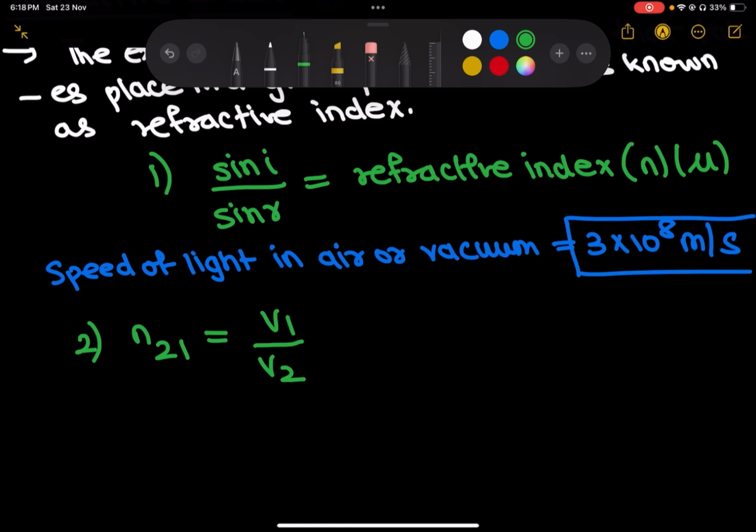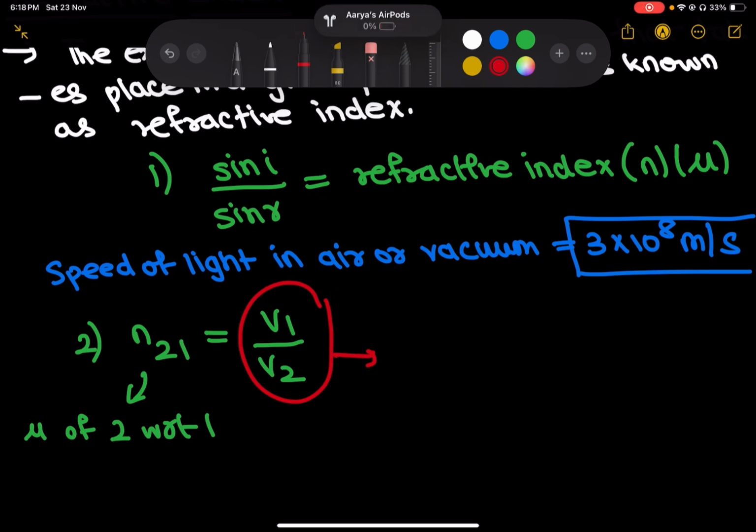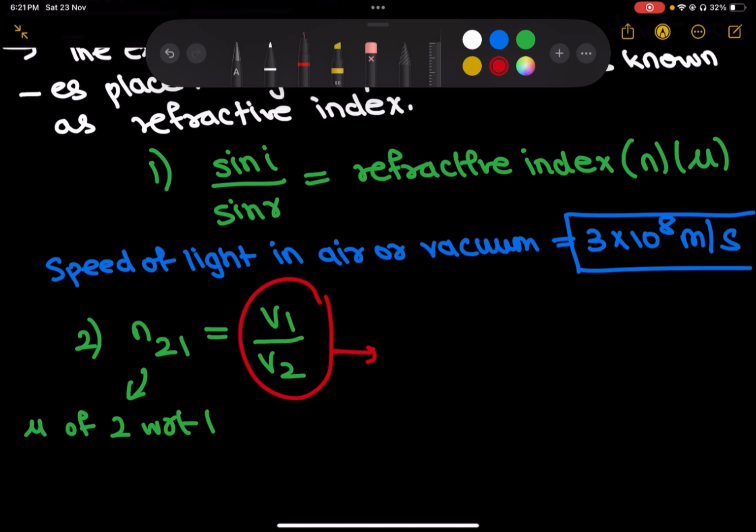How to remember this, right? It is very confusing. Understand this. Here, this is refractive index nu of 2 with respect to 1. And then here on this side, what you have to remember is that the one whose refractive index it is goes in the denominator.